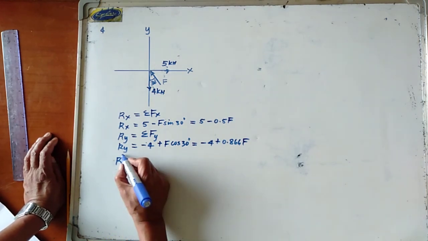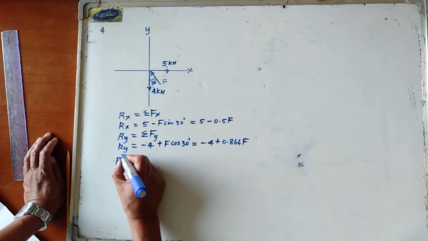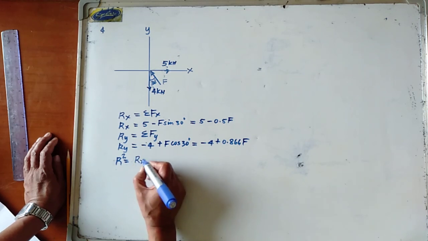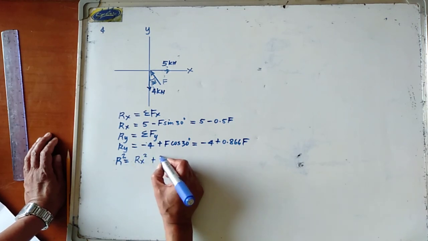In other words, R squared is equal to Rx squared plus Ry squared.